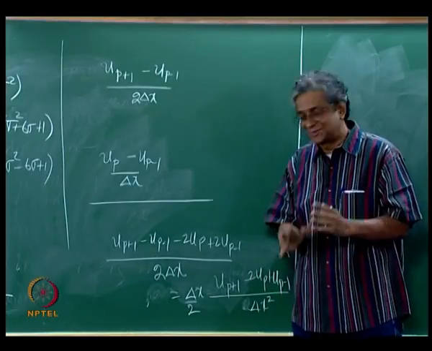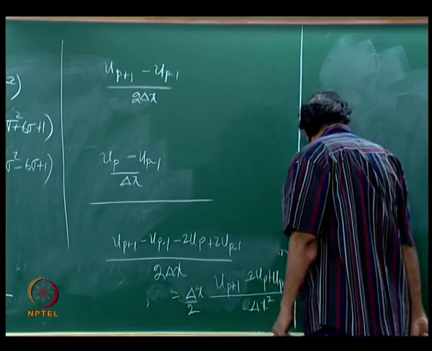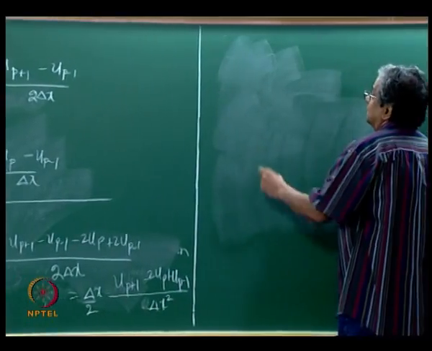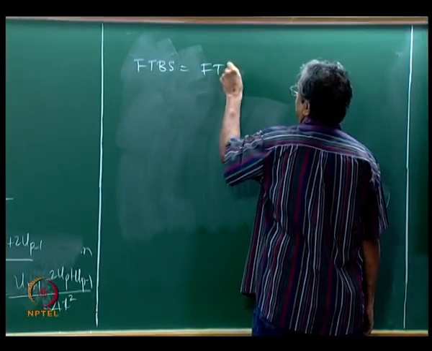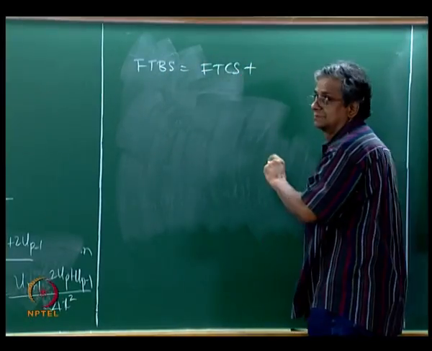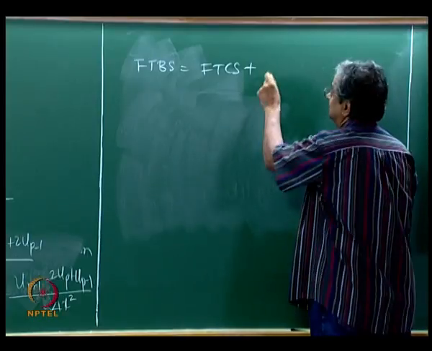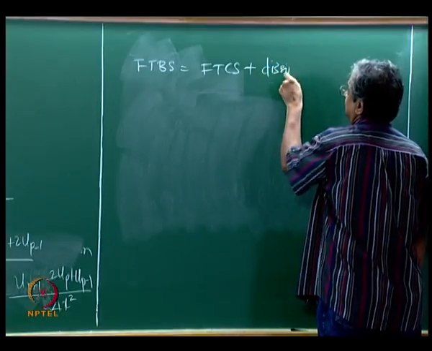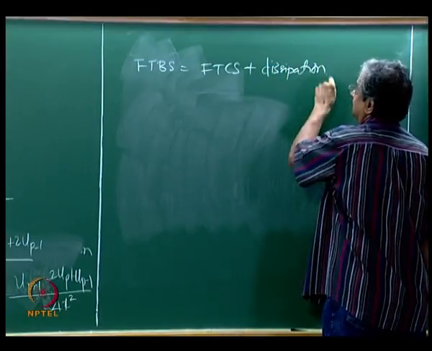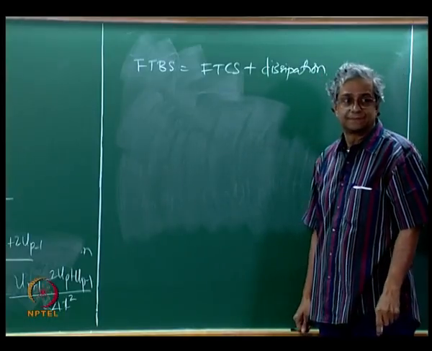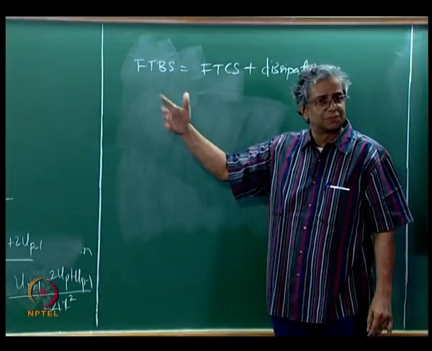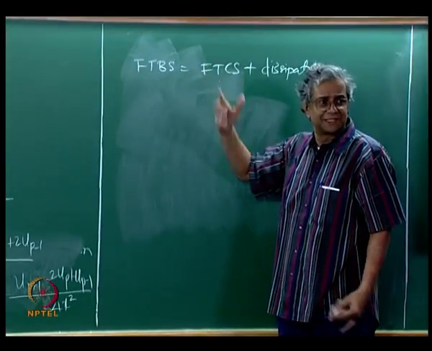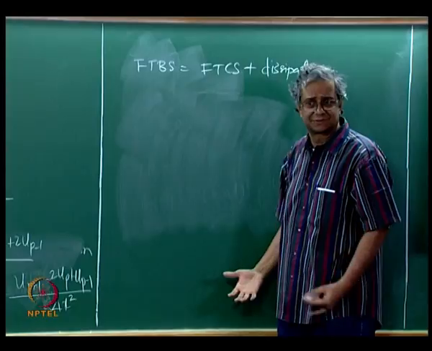So there is a school of thought that basically says, why not add the dissipation ourselves? There are two ways that you can pose it. So basically what we are saying is FTBS equals FTCS plus dissipation. Okay. So it is almost as though there is a possibility that any scheme can be written as FTCS plus add on terms, okay.